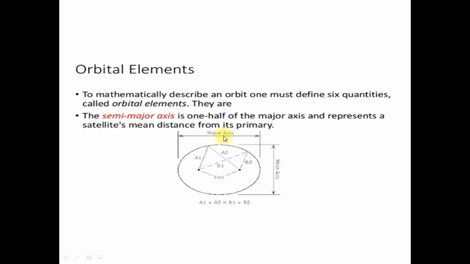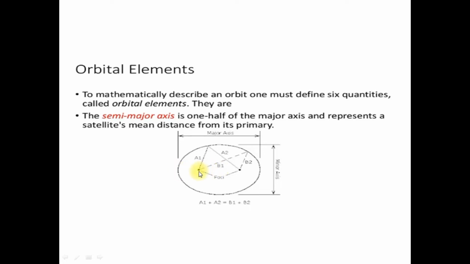This one is the major axis, and half of this we consider as the semi-major axis. Semi means half. It represents the satellite's mean distance from its primary. With this, we'll be able to identify at what position the satellite is with respect to the mean position.